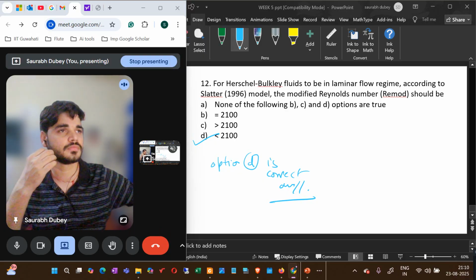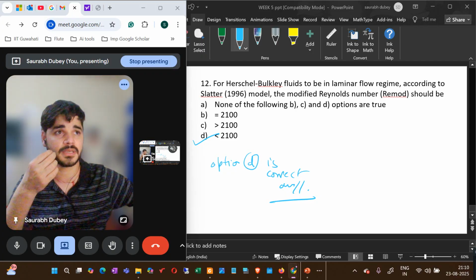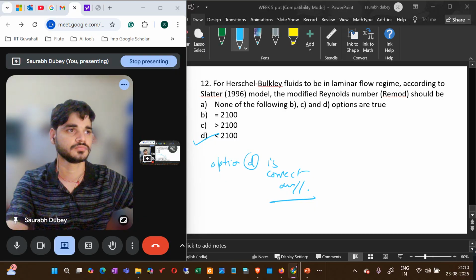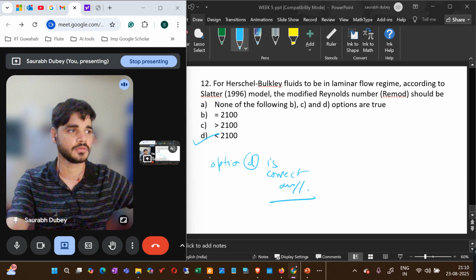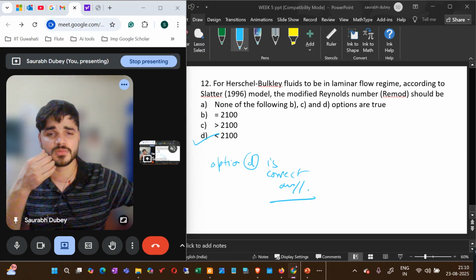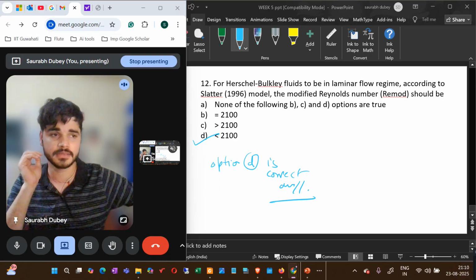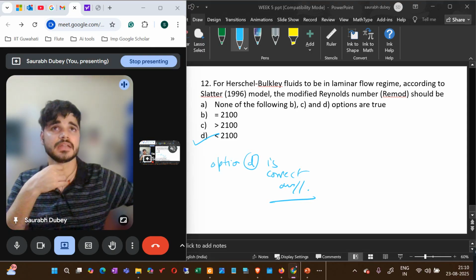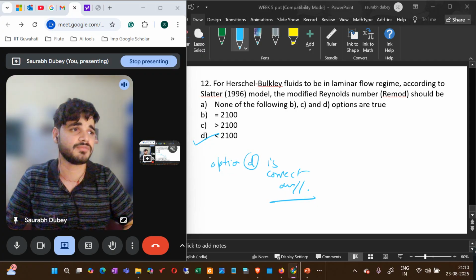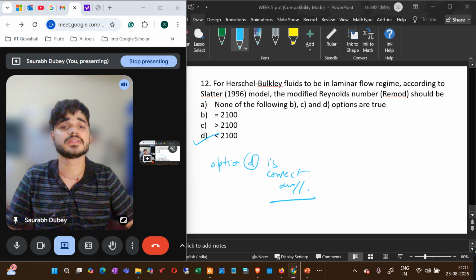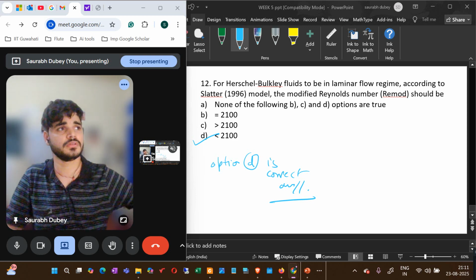So this was the clear-cut picture. If you remember, this entire week was about non-Newtonian fluids, basically generalized Newtonian fluids, and how the expressions are derived when they are flowing through pipe flow. So that was it, and this discussion about the Herschel-Bulkley fluid.